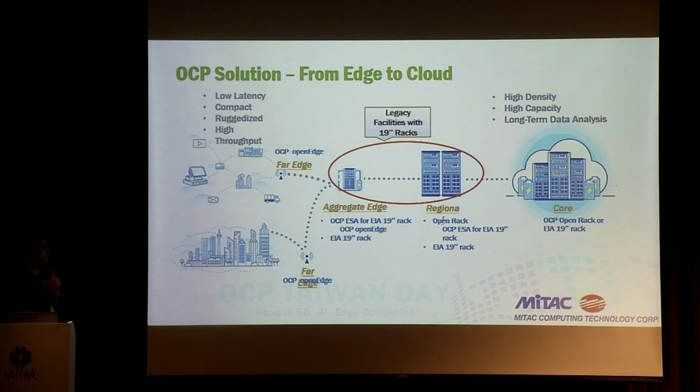And let's see the far edge, especially connecting to equipment and smart city applications. The application should focus on both indoor and outdoor, so openEDGE could also help the indoor and outdoor use cases. Later we will talk about it and what we should do for the future.